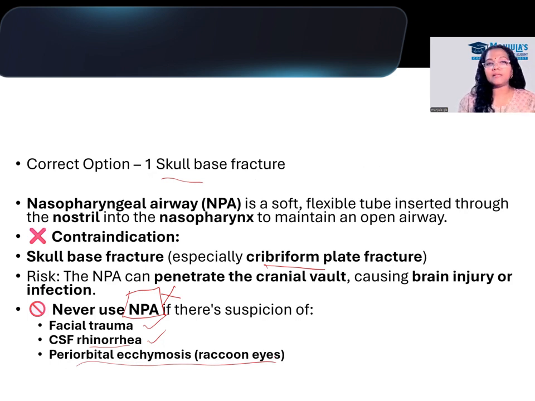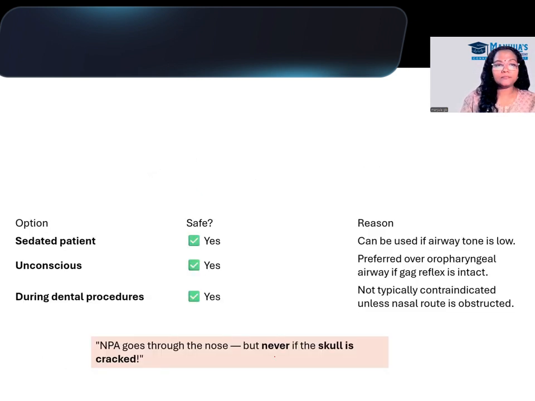Raccoon is an animal, and raccoon eye looks like a complete ecchymotic lesion around the orbit or around the eyes. So that also is an indication of basal skull fracture. So in such cases, do not use nasopharyngeal airway.